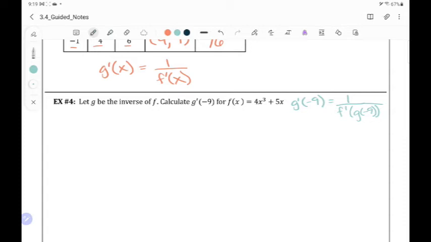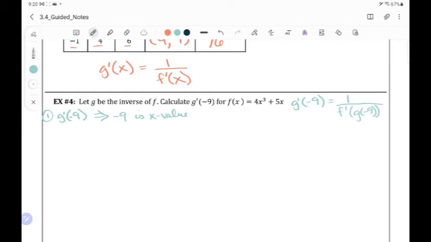We know that g prime is negative 9, so number 1. Back up a moment, not f, that 9 is the y value, right? Negative 9 is the x value for the inverse.